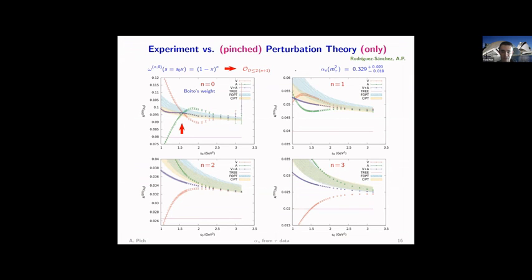So you need to correct experiment with some correction that clearly needs to be different because the vector, the axial, and the vector plus axial spectral functions have different wiggles in the region where you fit them. But at the end, you need to get exactly the same duality violation correction, which means you have a fine-tuning of parameters, and the fit is very unstable. I will not comment more on that.